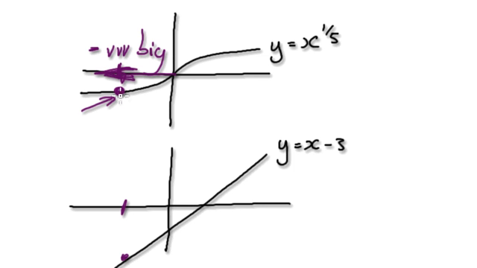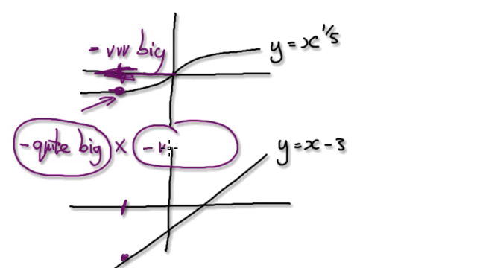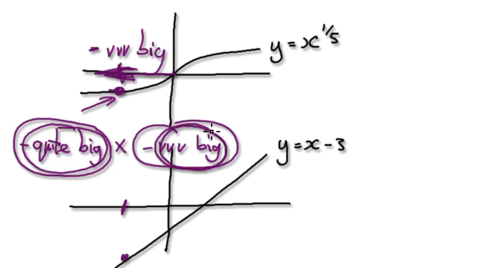So for this one here, it is negative quite big, and then you multiply with something that's negatively very big. So two negatives make a positive. So you've got something that's quite big times something that's very big. So the overall answer would be positively very big.